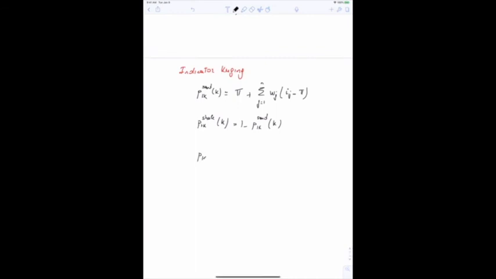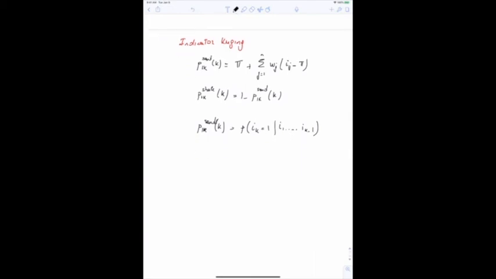So the indicator kriging probability is actually the probability of the indicator variable at location k being equal to 1, given the values of the indicator variables in the previous locations.